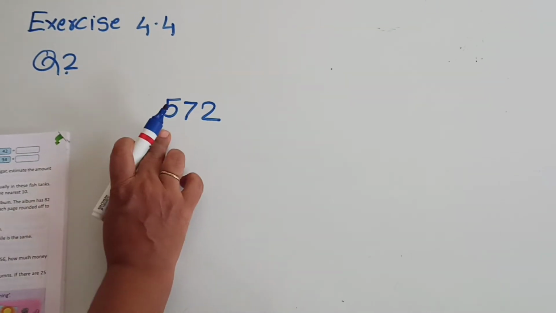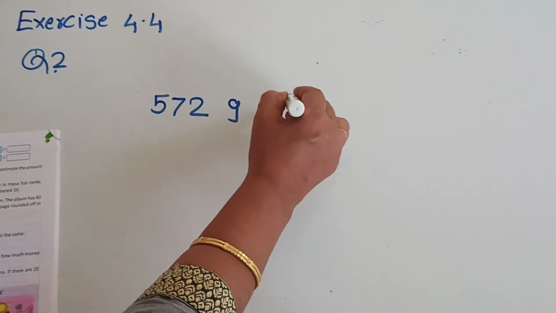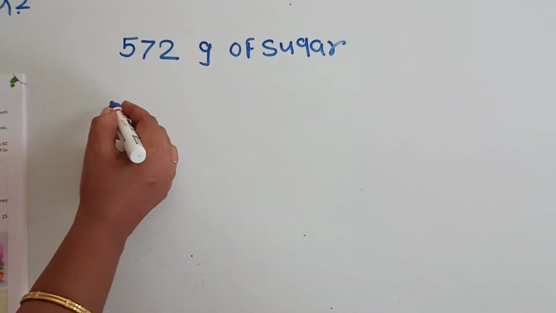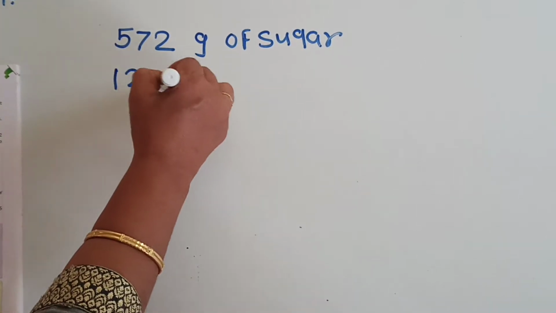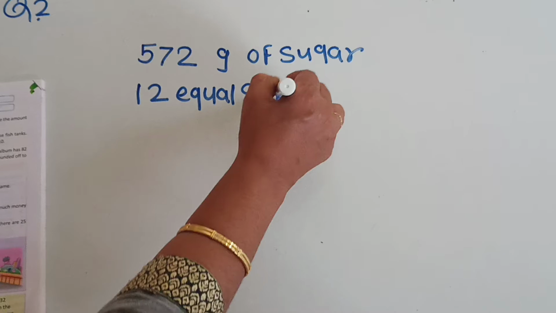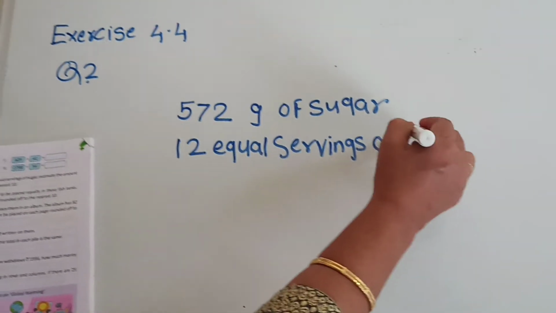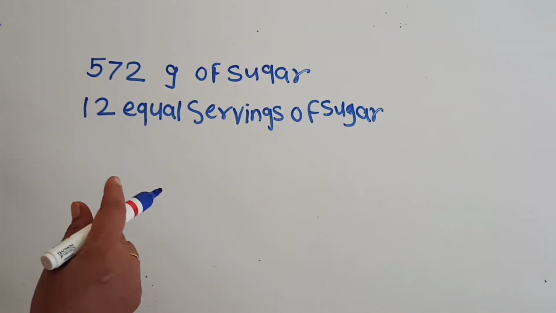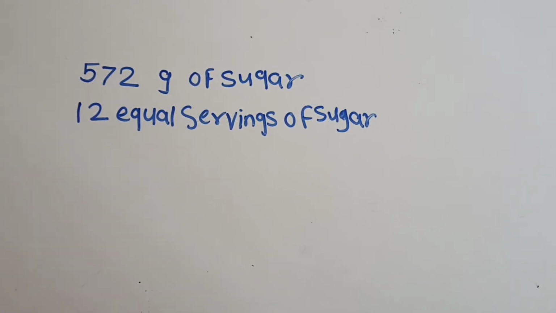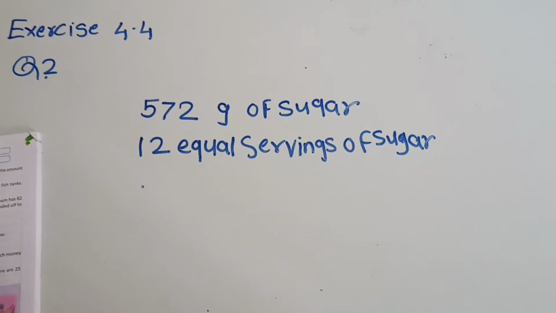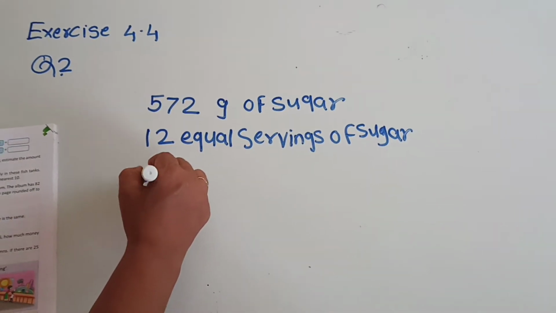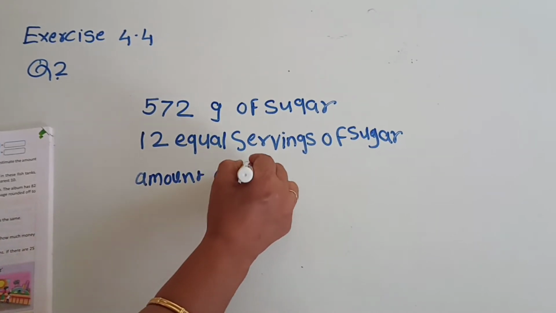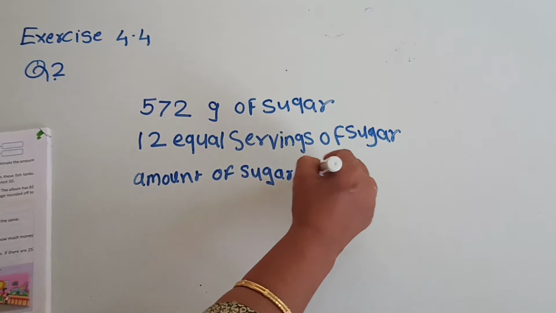See here, 572 gram of sugar, and 12 equal servings of sugar, and we have to find out the amount of sugar in each serving.